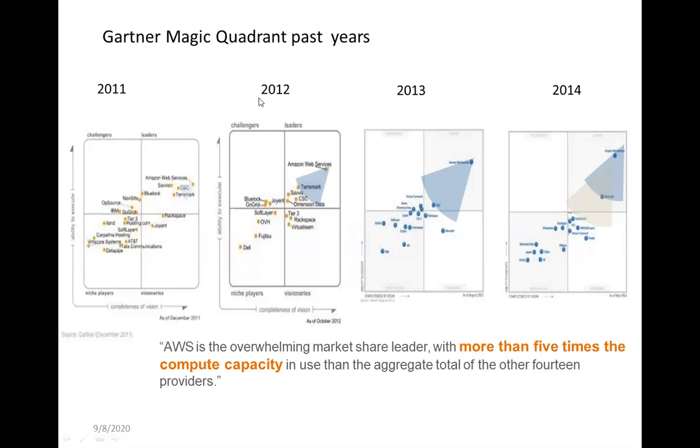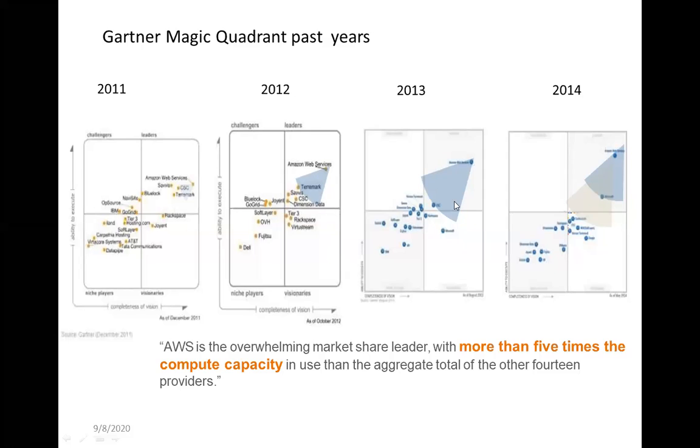In 2012, you can see the challengers got limited, and Amazon Web Services emerged as a leader. Here you can see the visionaries, like Rackspace and Virtual Stream, in 2012.